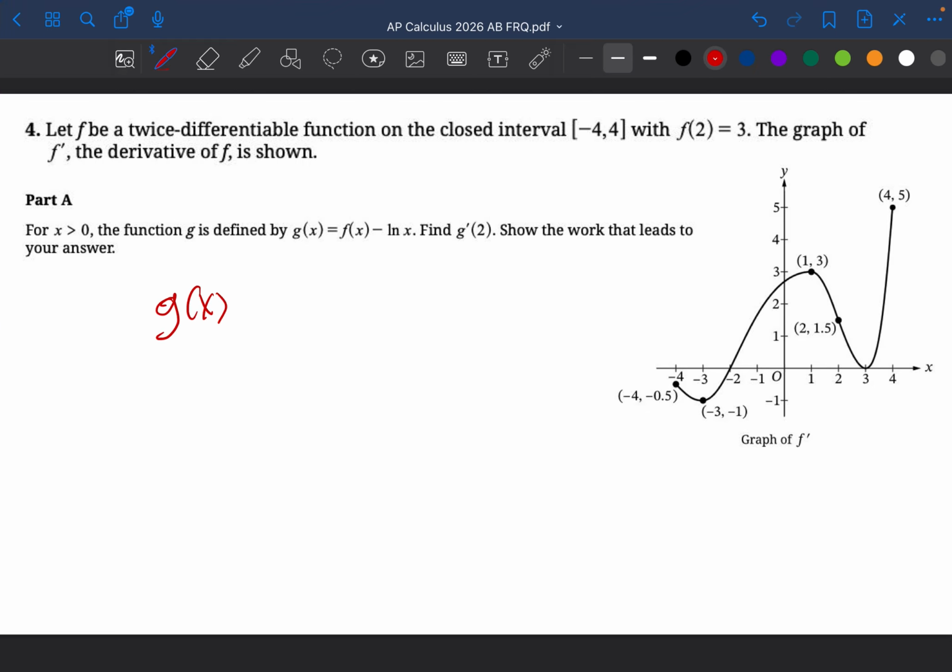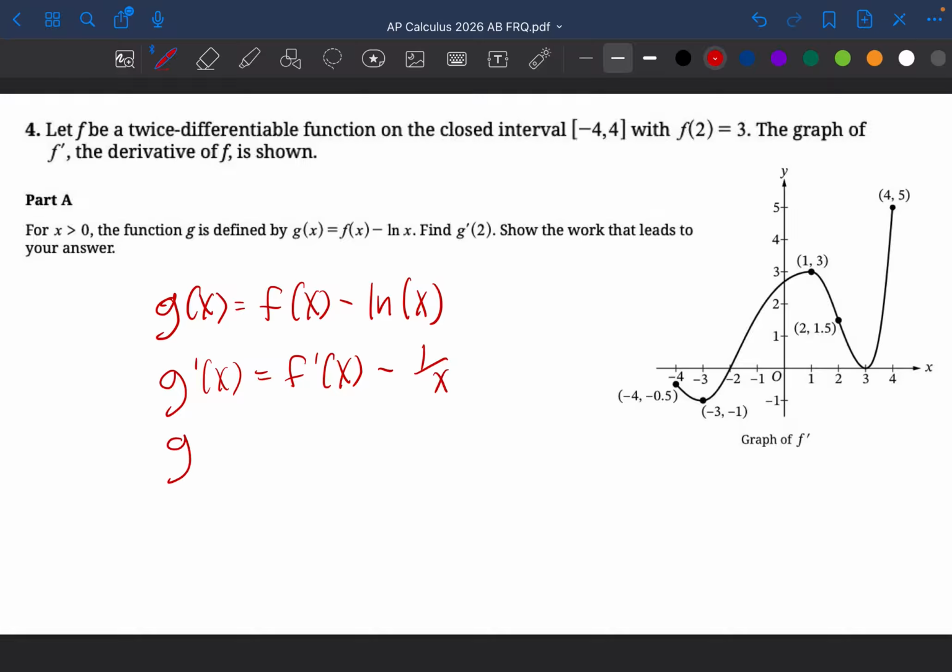So g of x equals f of x minus ln of x. So g prime of x is going to equal f prime of x minus 1 over x. Now to get g prime of 3, we're going to substitute 3 in for x.